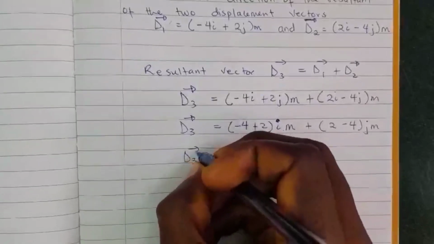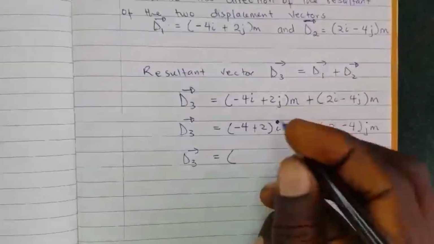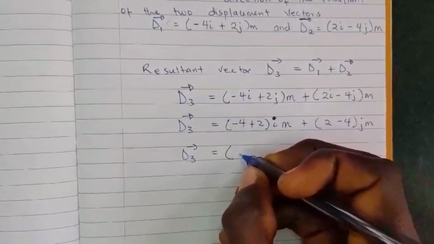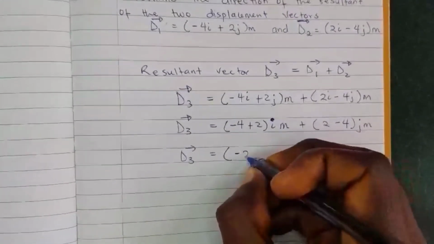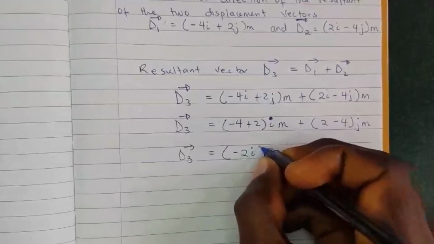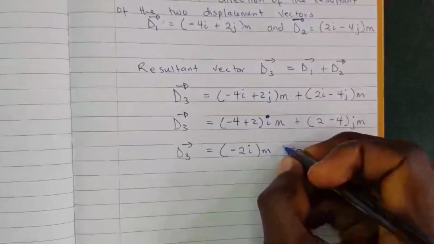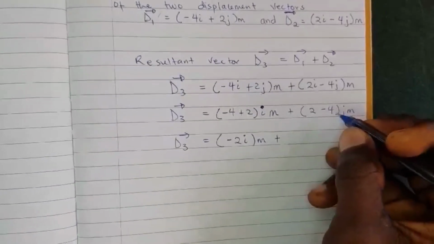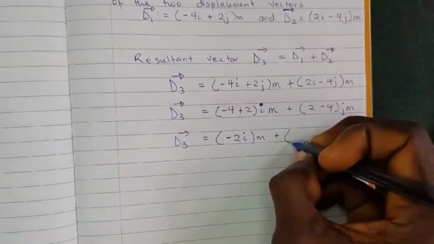So d3 is equal to, minus 4 plus 2 is equal to minus 2, so you have minus 2i, then plus, over here we have 2 minus 4, which gives us minus 2.